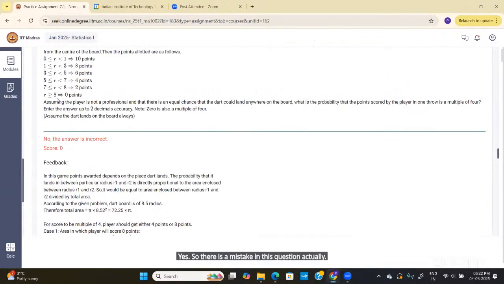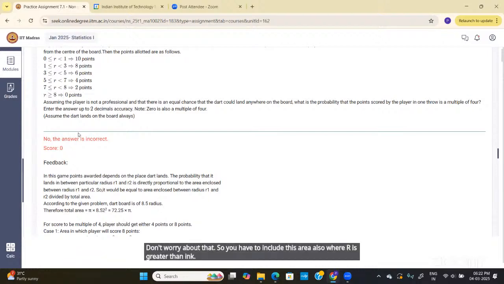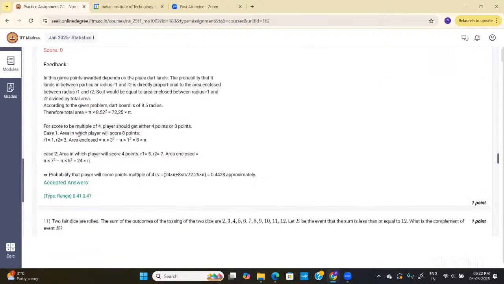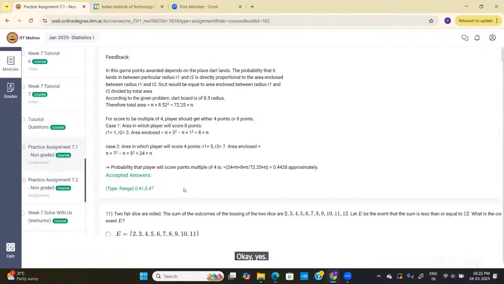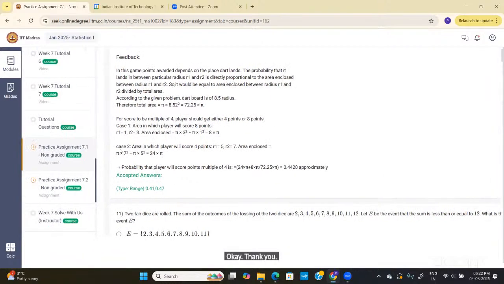They have not calculated this region, so that will be corrected. Don't worry about that. You have to include this area also, where R is greater than 8. Then add those areas and divide by the total area. Okay. Thank you. Any other question?